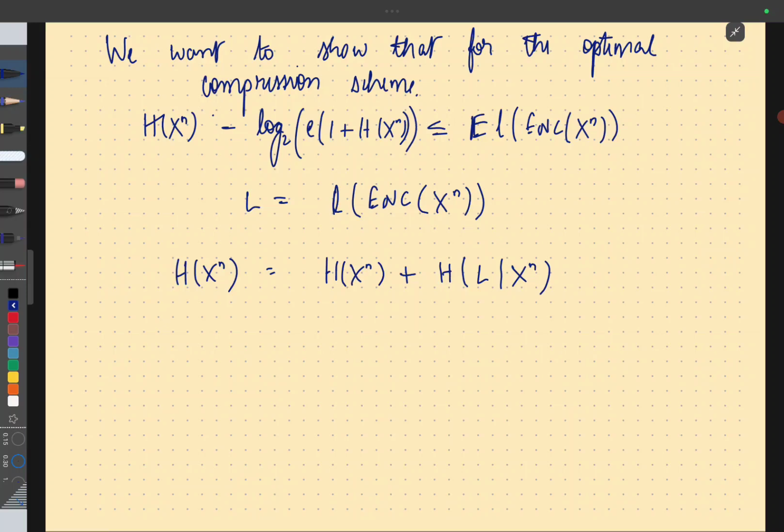So L is a deterministic function of X^n. All right. So although L by itself is a random variable, if I tell you what the source is, if I tell you what X^n is, L is now a deterministic function of X^n.